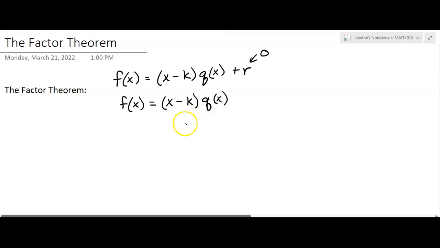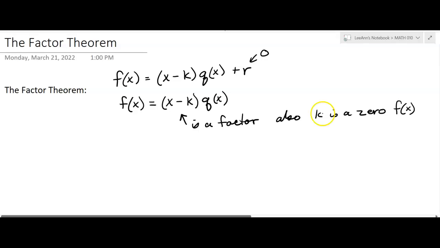And so that means that this divided evenly, or x minus k, is a factor of the polynomial. It also means that k is a 0 of the polynomial.